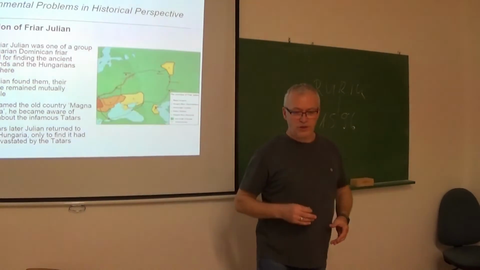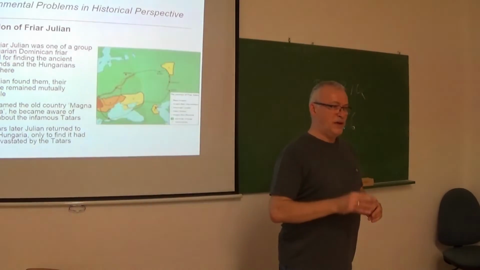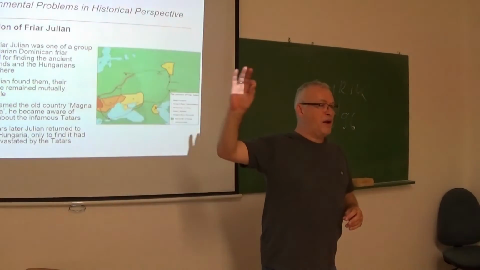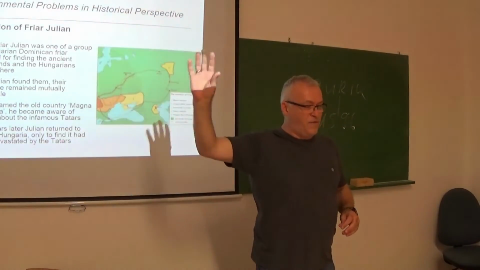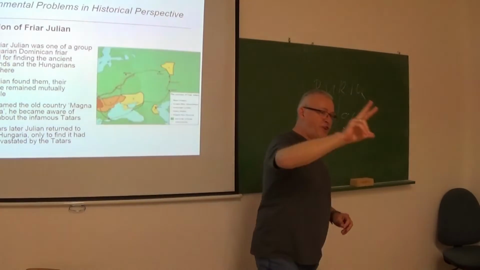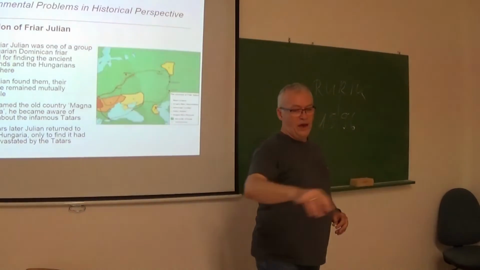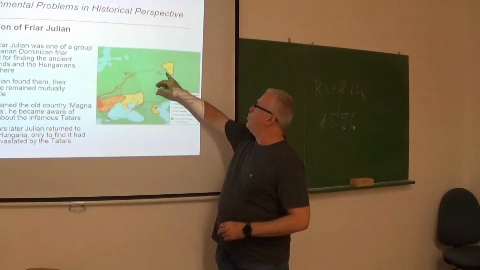Okay, turning back to the story of Hungary. Very interesting, a Hungarian traveler had a long mission to find Magna Hungaria, Eastern Hungary. After three centuries since the Hungarian conquest of the Carpathian Basin, Friar Julian traveled back to the Volga River.